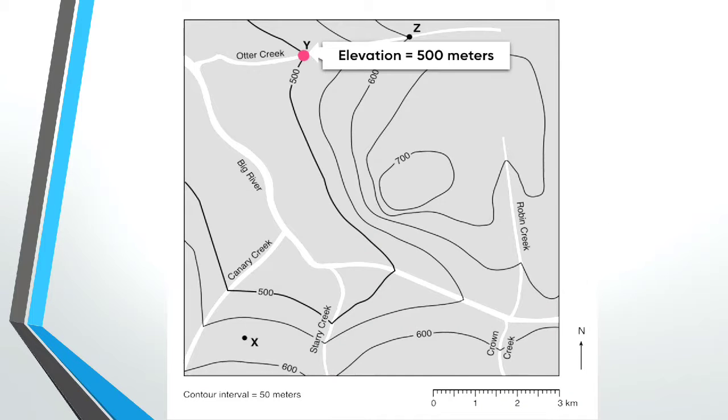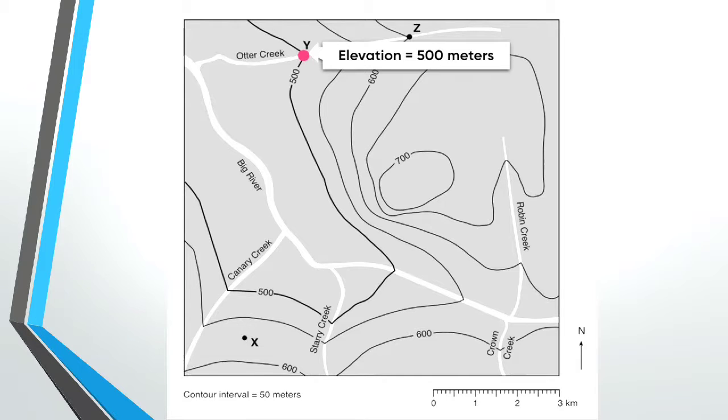Next, let's take an example of a contour map. The feature you need to jump onto on this map is the squiggly lines all over the place. Those lines are called contour lines. So here's the map.